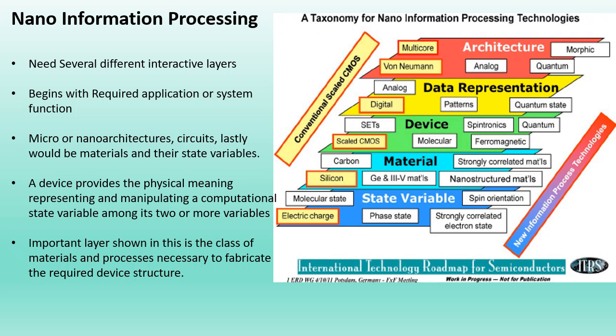In nano information processing, multiple layers work together. It starts with the required application and system function. Then it moves to micro or nano architectures, then to circuits, and finally to the materials being used. A device represents and manipulates a computational state variable using two or more physical states.